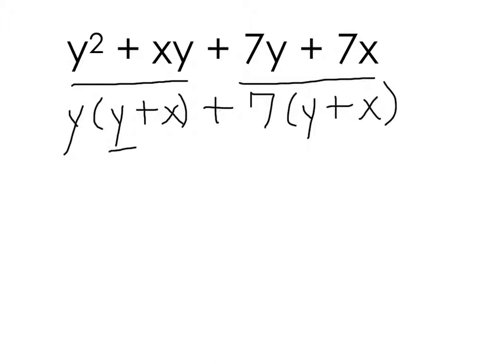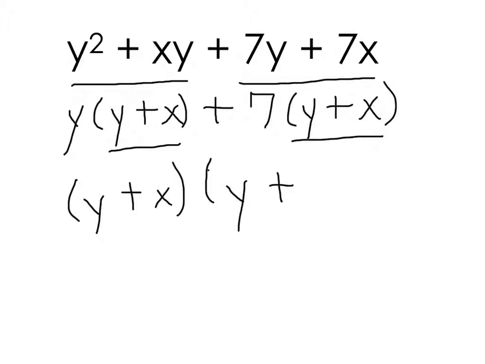We now have a common factor of y plus x in the first grouping and the second grouping. So we can factor that y plus x out. What do you have left when you factor out the y plus x? You have y plus 7. And that's it. We factored it.